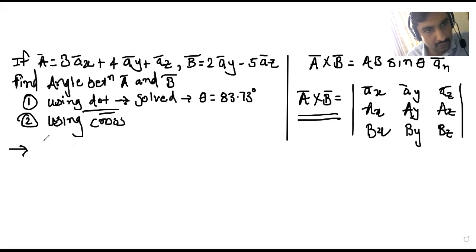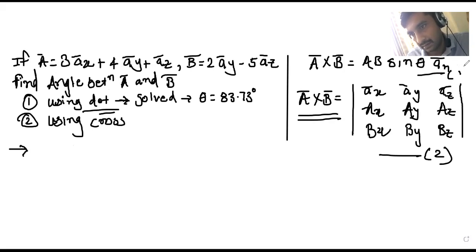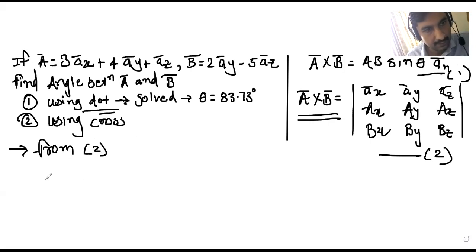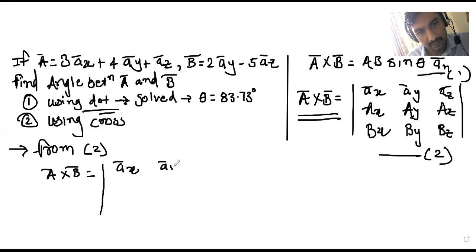So from equation 2, this is 1, this is 2, we can write a bar cross b bar is equal to the determinant with a bar x, a bar y, a bar z in the first row.